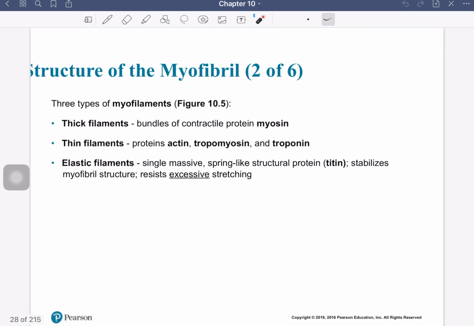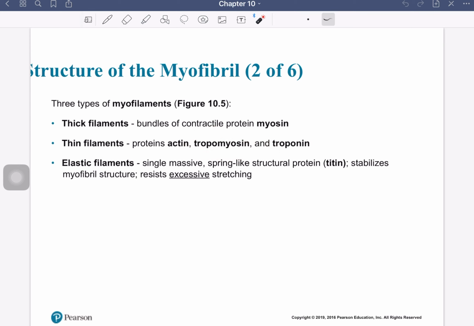So let's have a look at the myofilaments. And we have myosin. So a grouping of myosin is what we're going to refer to as the thick filaments, and we'll have a look at a diagram. And then the thin filaments are a combination of actin along with 2 other things, tropomyosin and troponin.